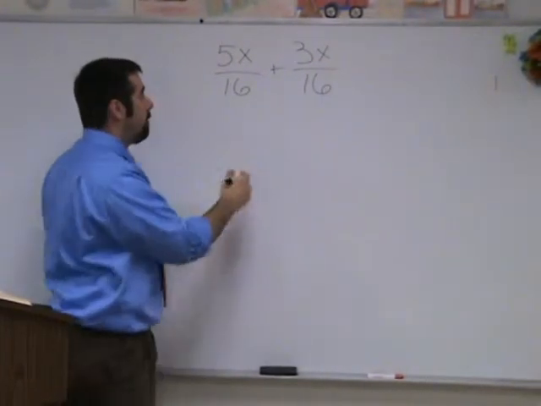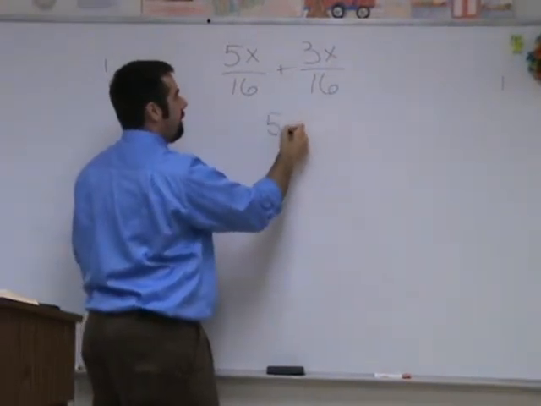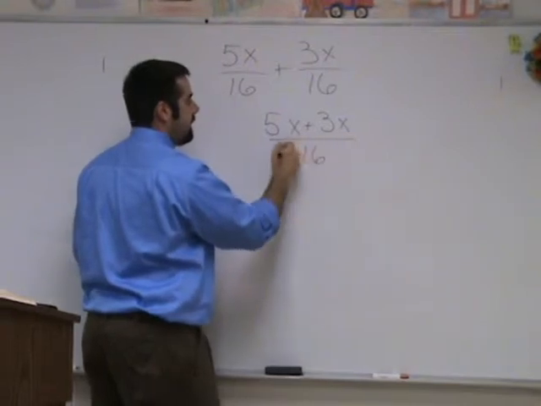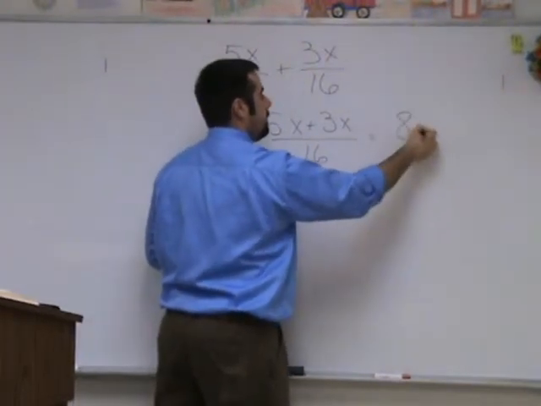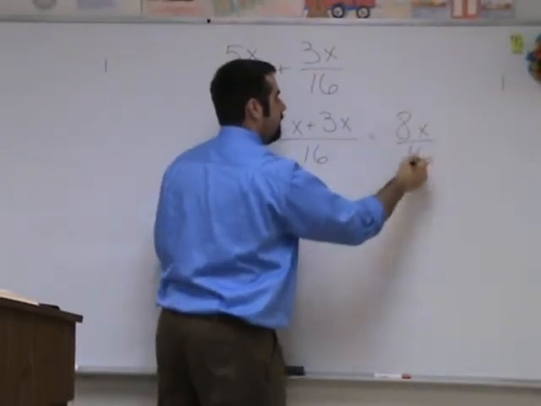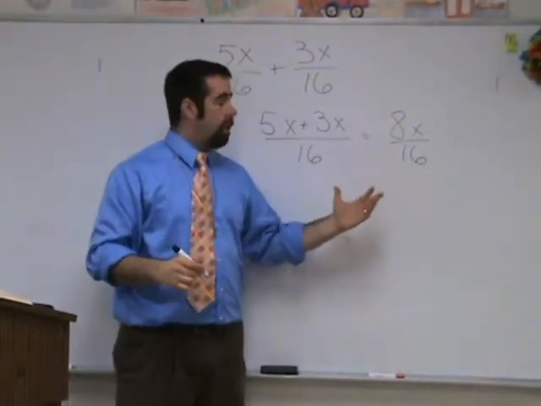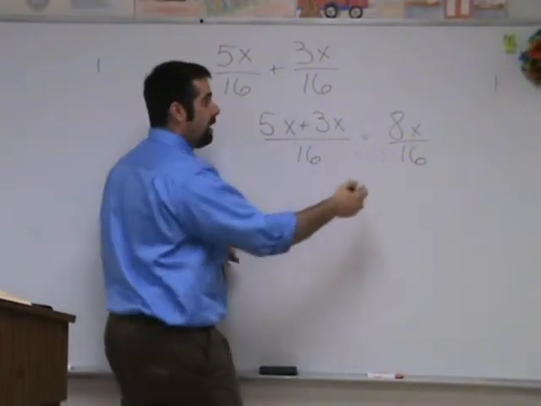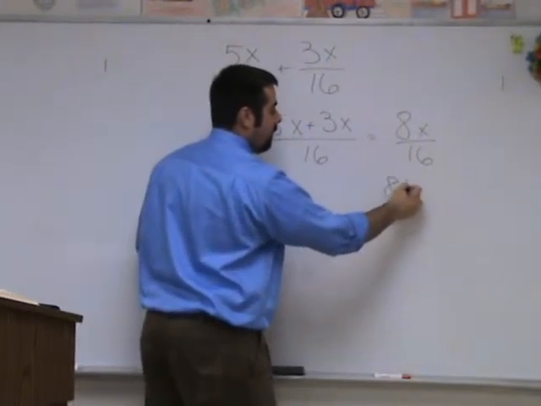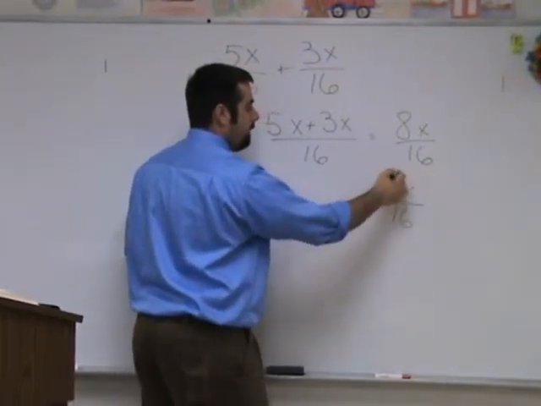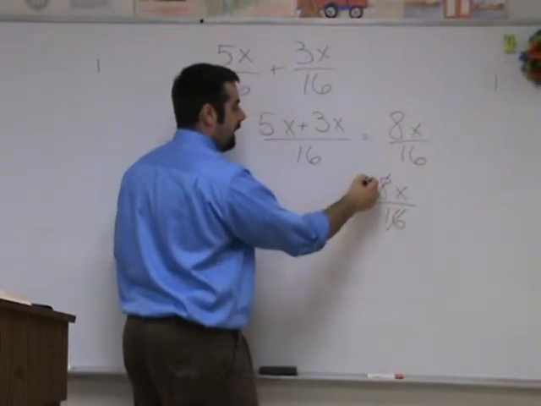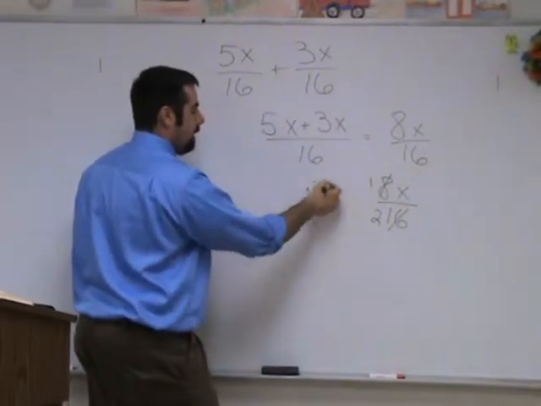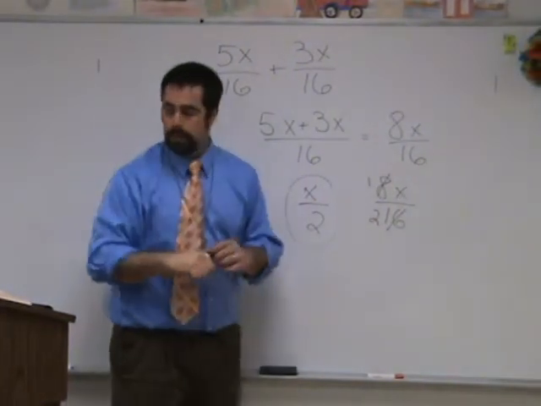I simply add the numerators. 5x plus 3x over 16 is 8x over 16. Now, in the end, we always want to simplify, so 8 and 16 both have a common factor of 8. I could divide both of these by 8, and I get 1 and 2, my final answer being x over 2.